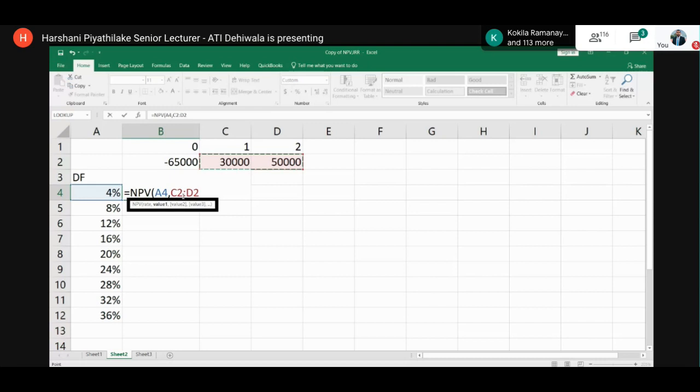Therefore, you can't keep this one as it is. You have to convert this into absolute cell references. Put F4, select F4. Otherwise, it will change when you copy the formula down.